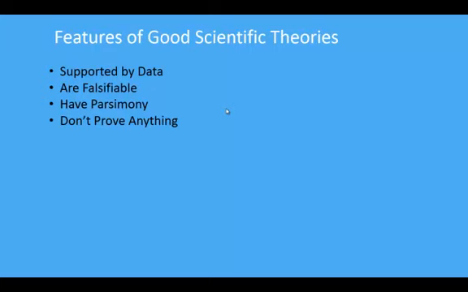Good scientific theories are falsifiable. So one thing in science that we strive for is to always try to disprove things. We have this tendency, just human beings in general, to search for things that agree with us.